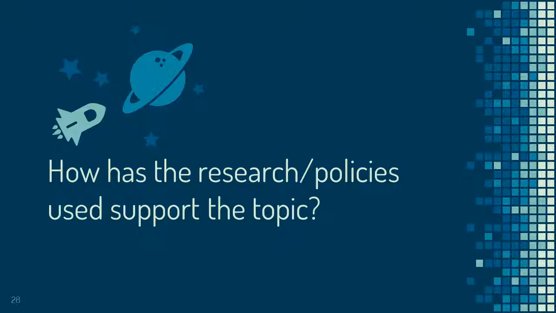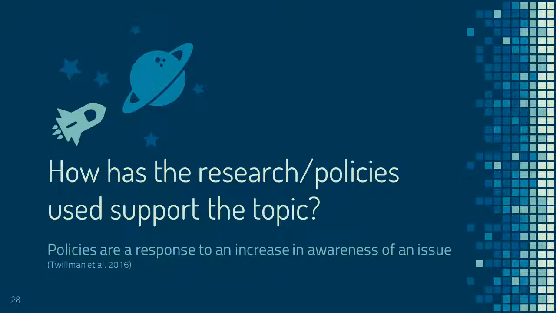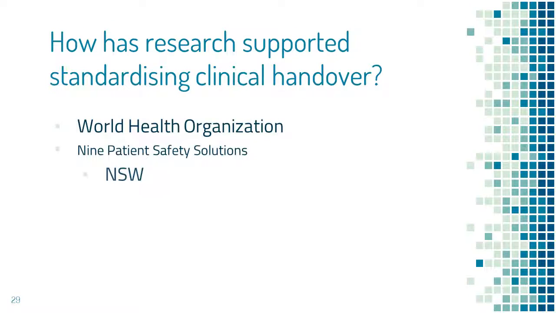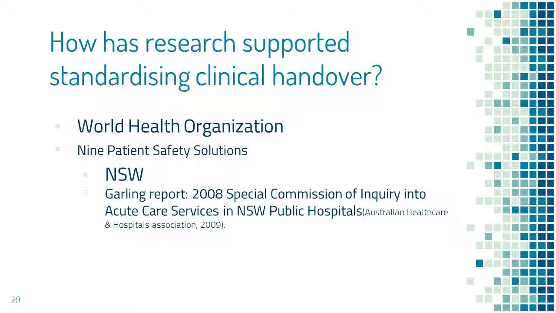Policies are a response to an increase in awareness of an issue. In 2017, the World Health Organization launched the 9 patient safety solutions. One of the solutions was specifically about communication during patient handover.